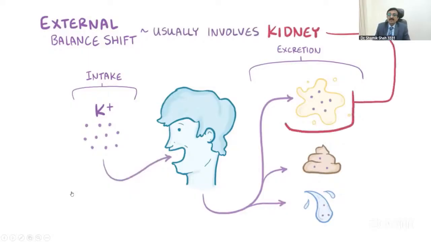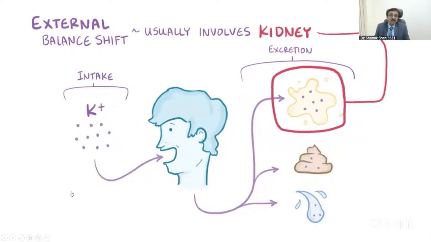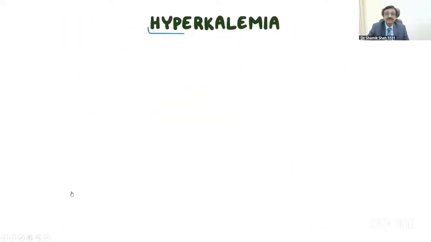Other than that, the problems happen because of kidney problems, such as in patients suffering from acute kidney injury or chronic kidney disease. In such conditions, the kidney is not able to excrete the potassium well, and because of the deficiency in excretion of potassium by the kidney in the face of a higher intake, we may see that the patient is developing hyperkalemia.